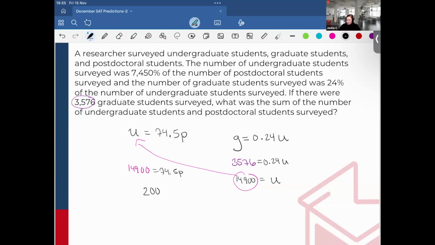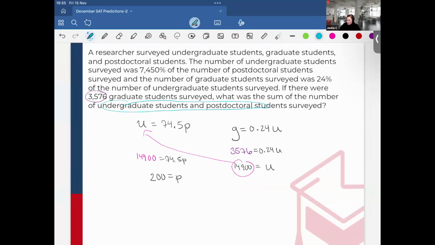So 200 postdoctoral students, and I'm asked what was the sum of the number of undergraduate students and postdoctoral students. So just 200 plus 14,900, which is the correct answer, 15,100.